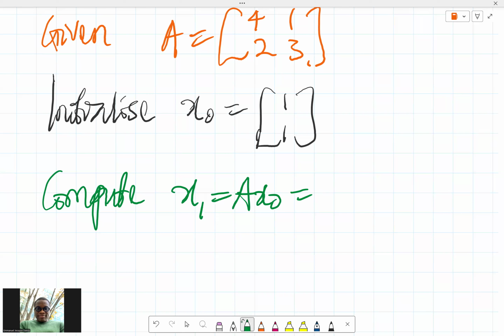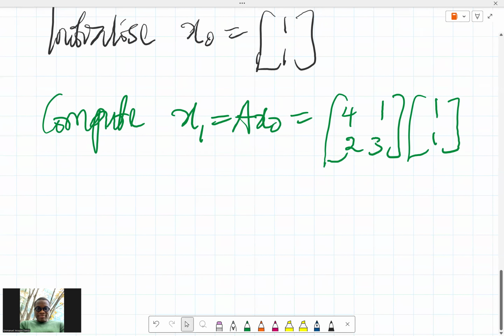Now you have your A to be [4, 1; 2, 3], and x naught is [1, 1]. This is a 2 by 2 matrix and this is a 2 by 1 matrix.